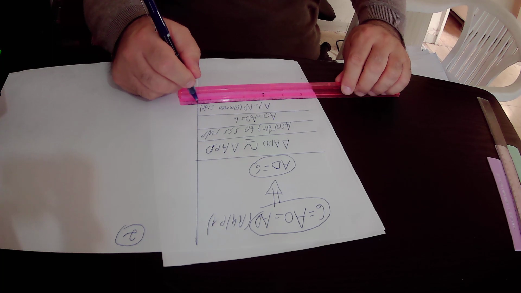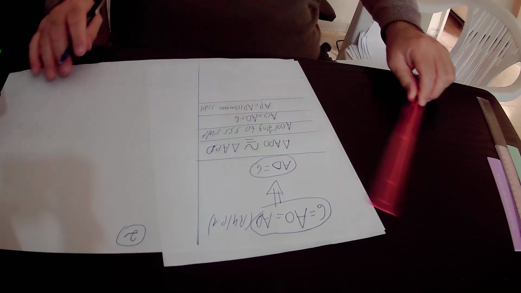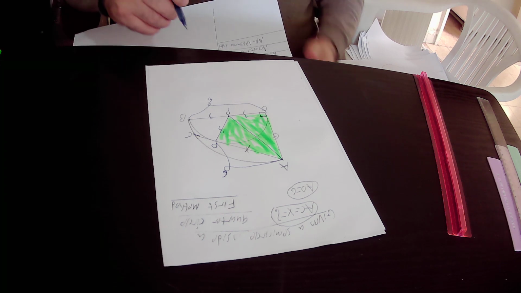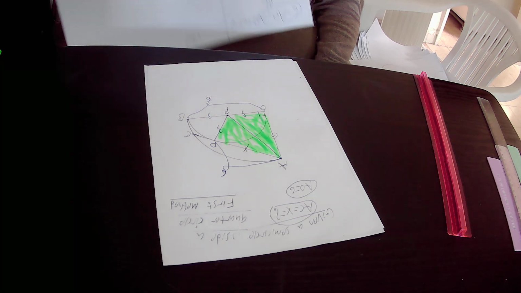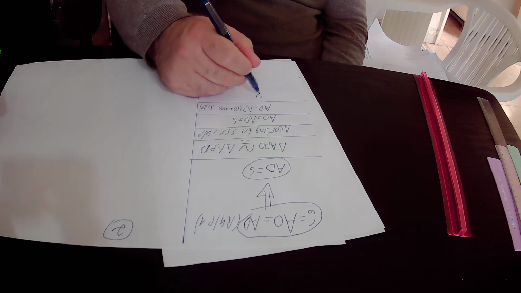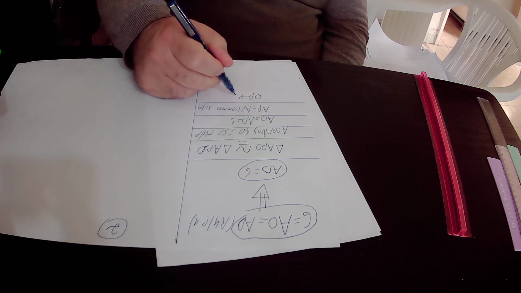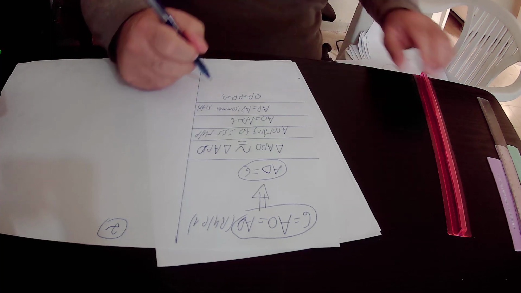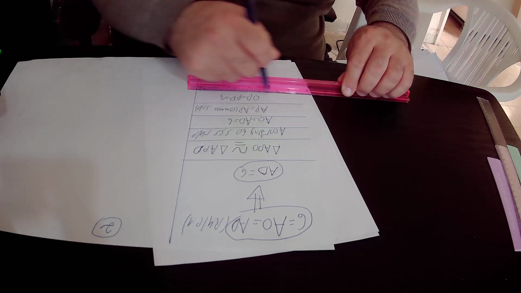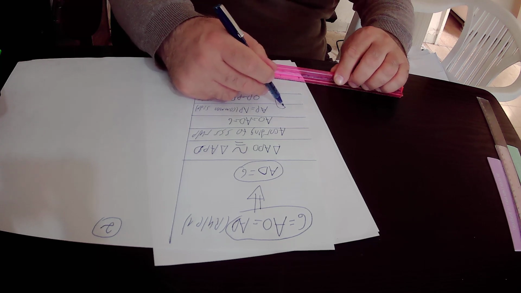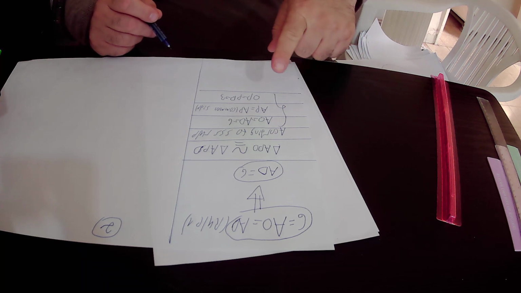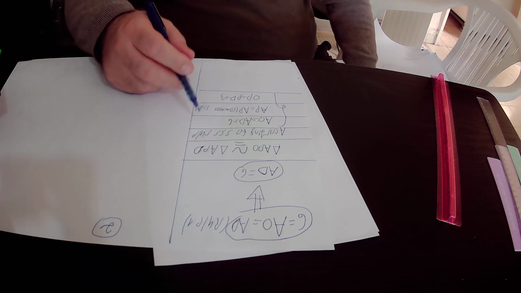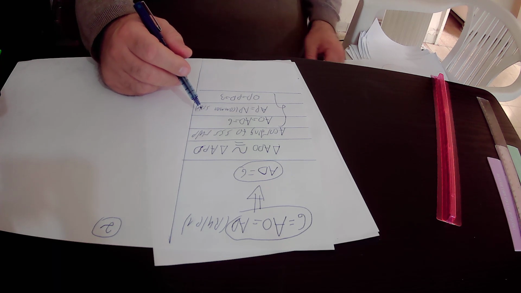And finally, side OP equals side PD equals 3 units. It is the radius of the semicircle. So we actually proved that all the sides of triangle APD are equal to all the sides of triangle APO. Therefore, those two triangles are congruent to each other according to the side rule.